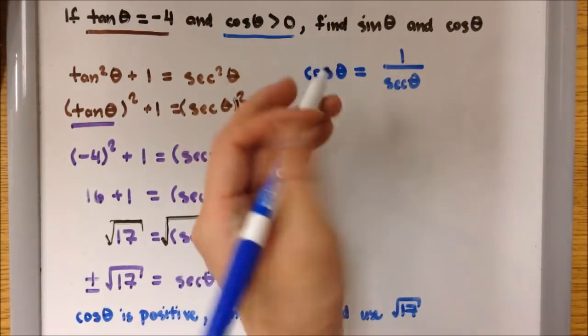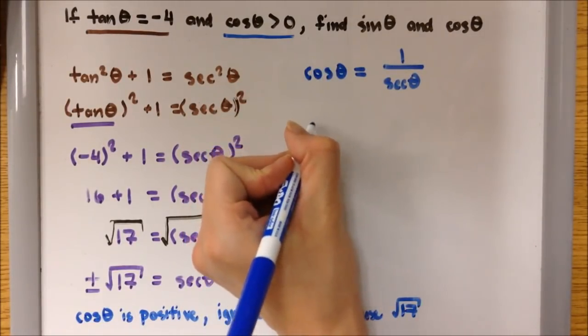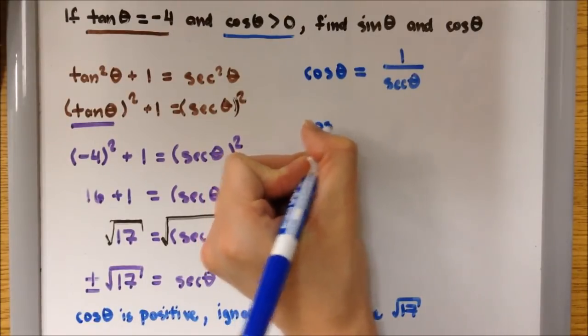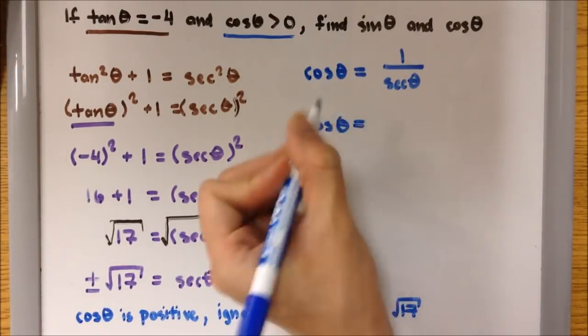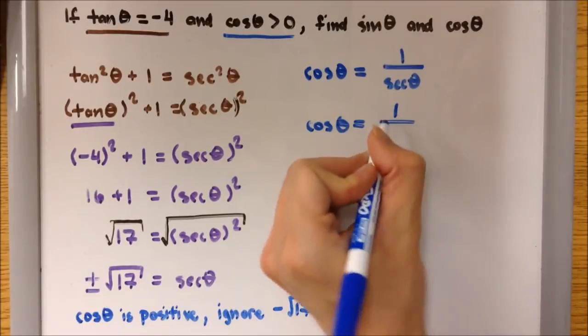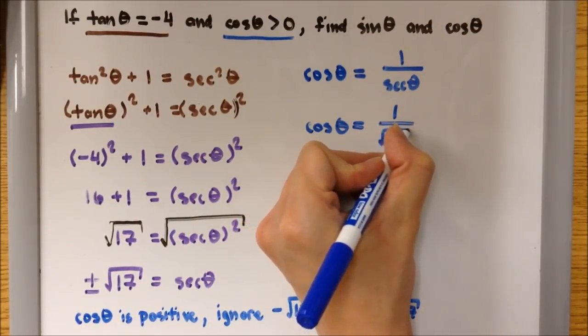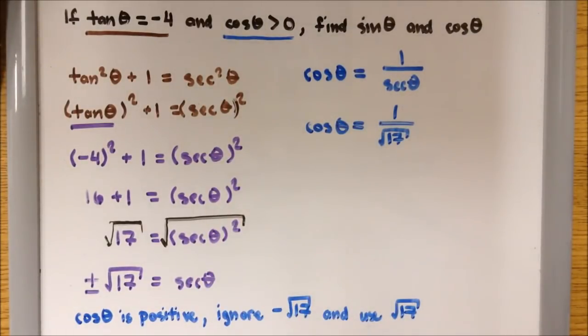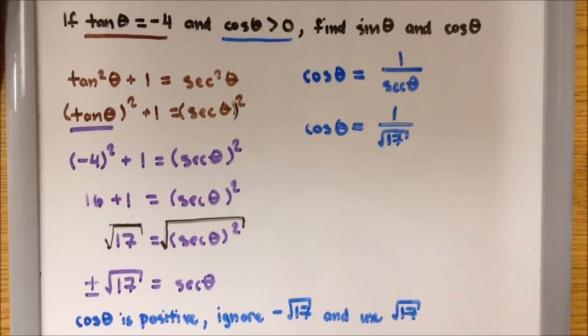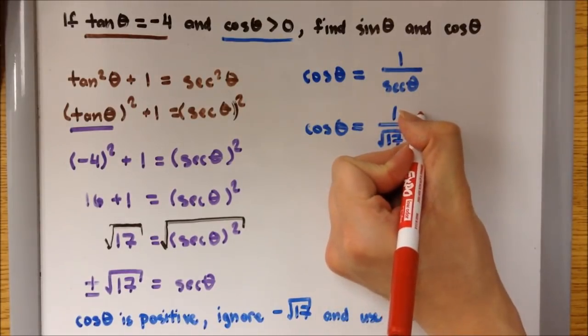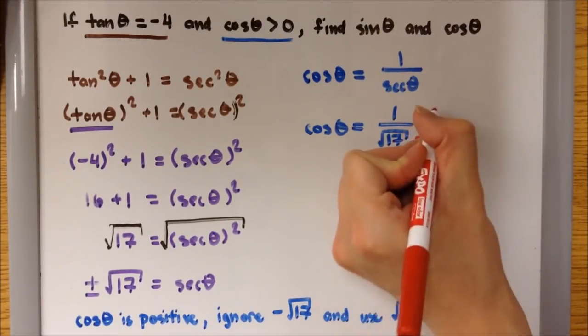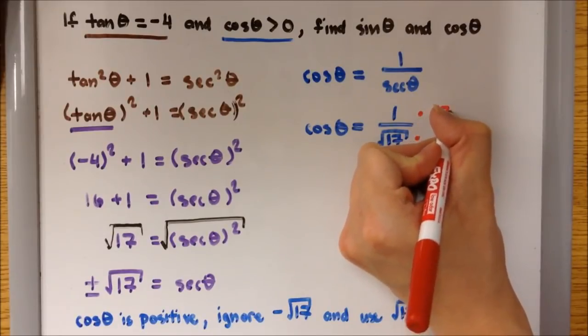So, cosine theta is equal to 1 over the square root of 17. Now, just like in 4.1 and 4.2, we cannot have a radical in the denominator, so we're going to rationalize it. We're going to multiply top and bottom by square root of 17.